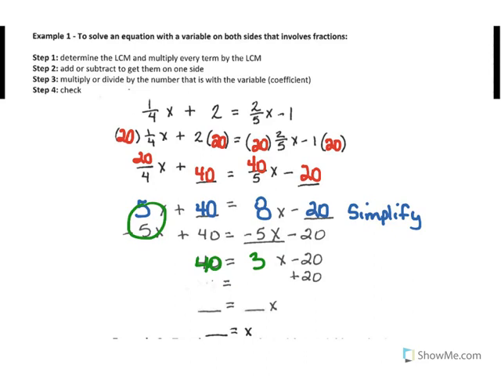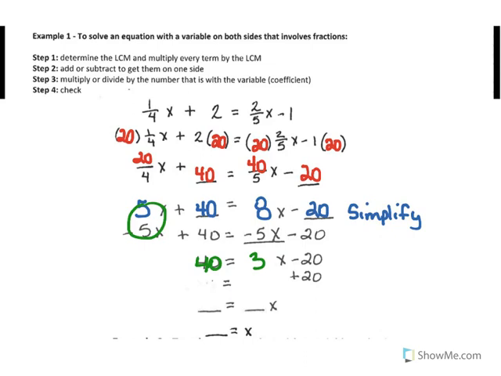I still can't move on to step 3 yet, because when I look at it, I still have two terms that look the same. I have the 40 and the negative 20. They are the same type of terms, which are called constants. And I'm going to move the 20 to the left, because on the left, I'm only left with the 40.